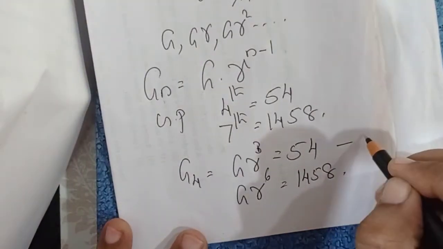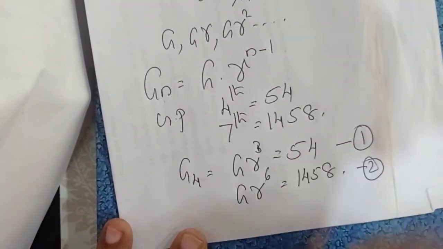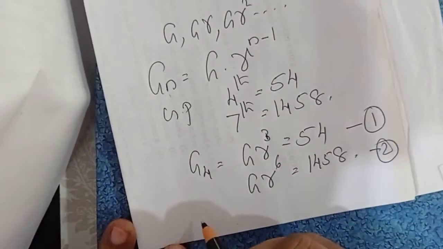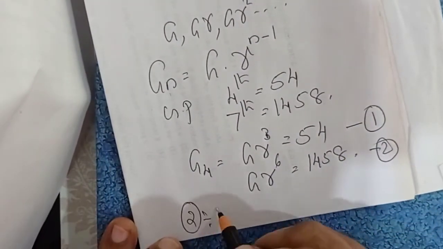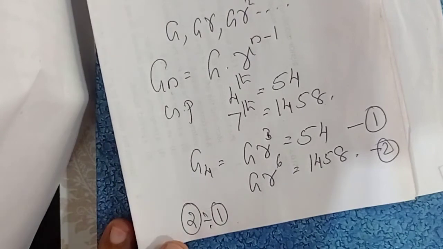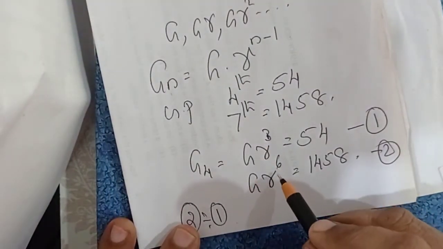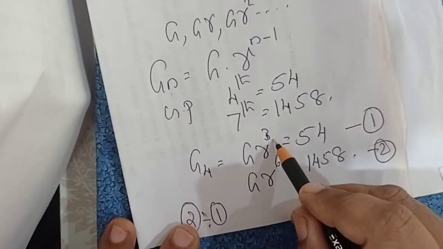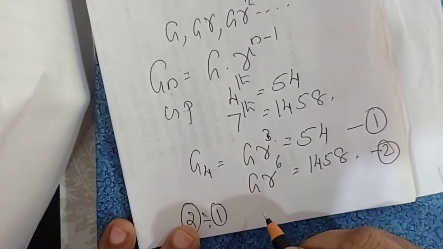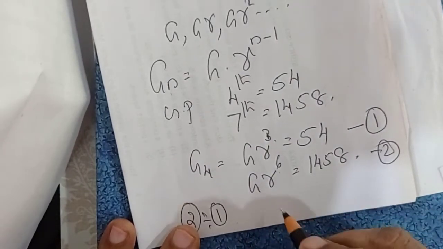In the case of GP, if two equations are there, then second divided by first. Remember that point. Second divided by first means a and a cancel. r raised to 6 by r raised to 3, a raised to m by a raised to n is a raised to m minus n.